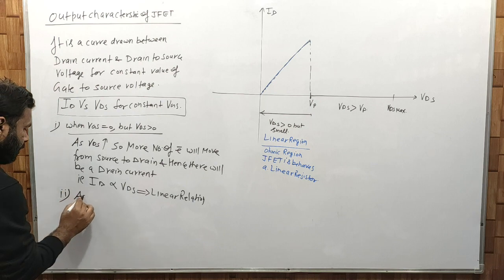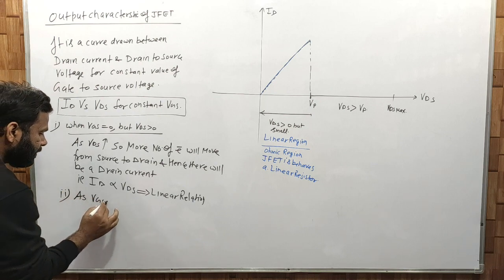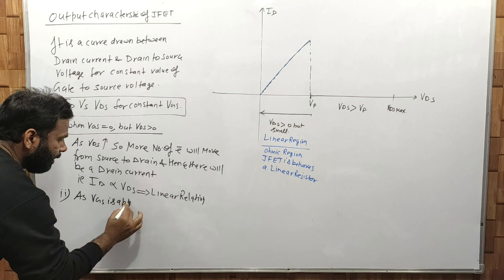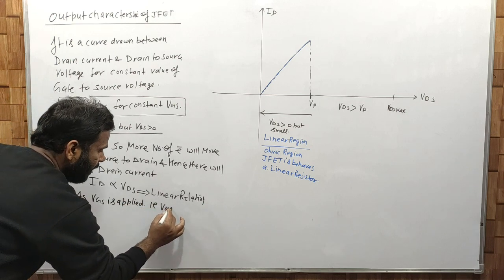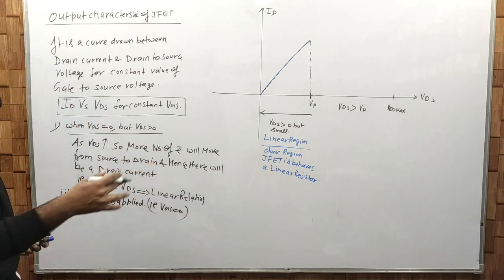नाउ in the second part, as VGS is applied, that means VGS is less than 0 and it is increasing in negative manner.